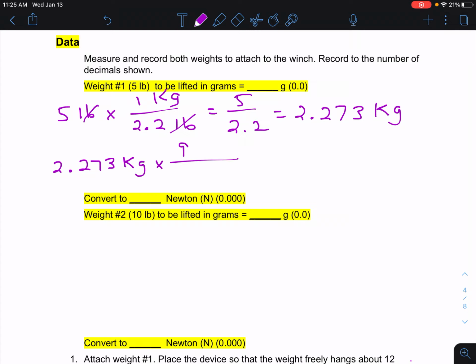So we have 2.273 times 9.8 gives us 22.275 newtons. This is what you are going to have to do on your calculator. Open up Desmos and do this multiplication for each one of the weights that you're using.